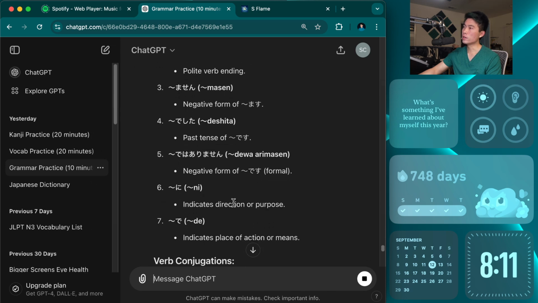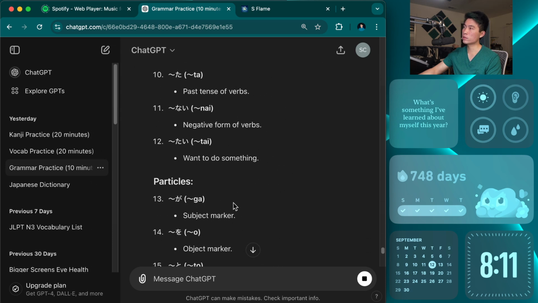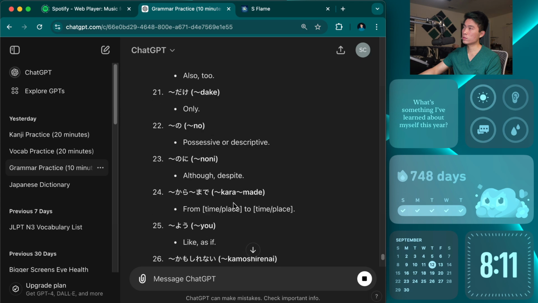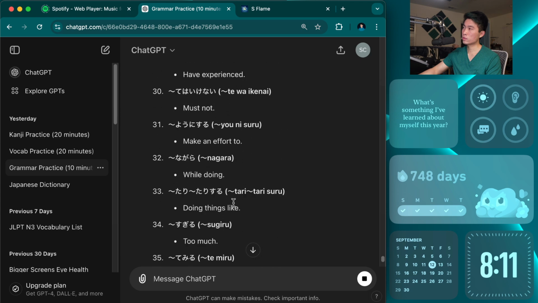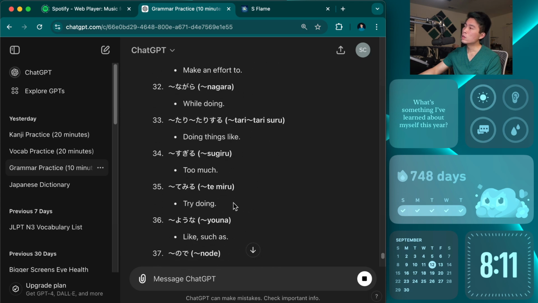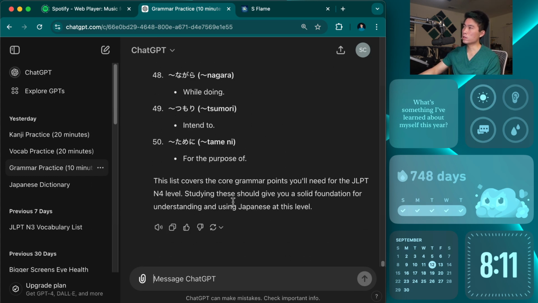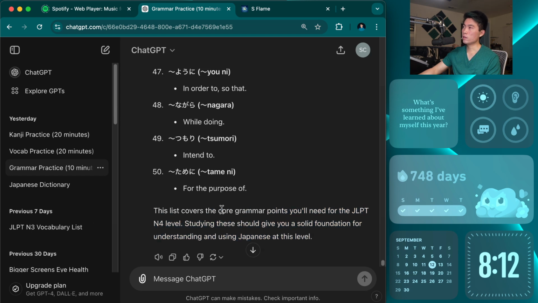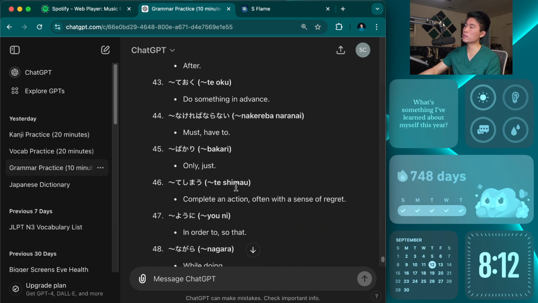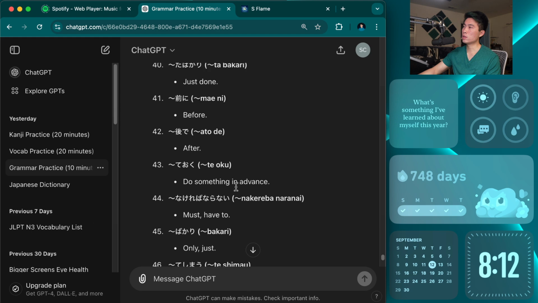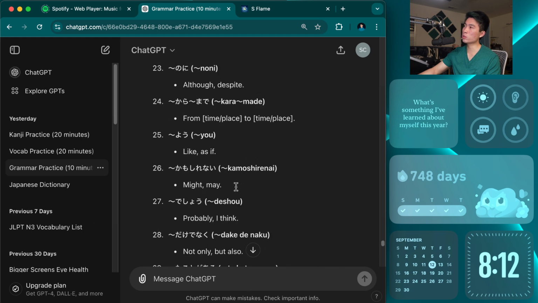They have like really simple ones here. Okay, I'm going to review this list later. And if I basically have most of them and can use them, then I will move on to JLPT N3.